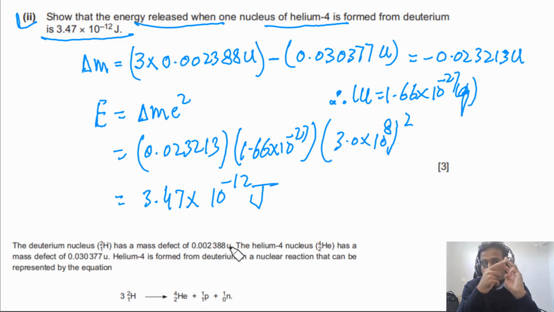So you should be able to calculate energy released in 3 ways: based on given masses, based on given mass defect, and based on given binding energies. This question is based on mass defect. Also, individual particles like proton and neutron do not have binding energy and do not have mass defect.